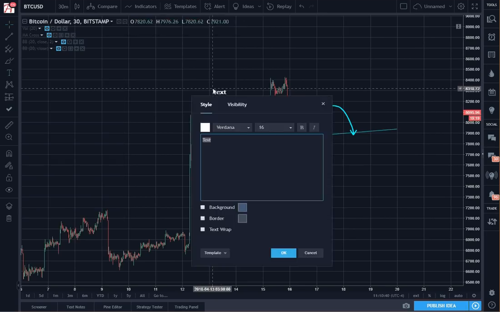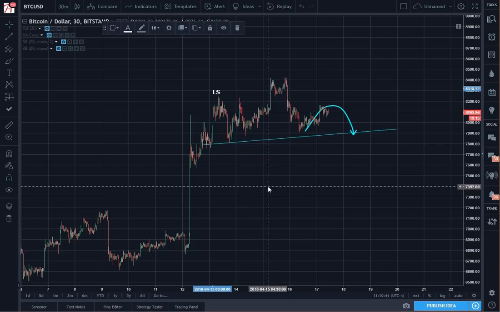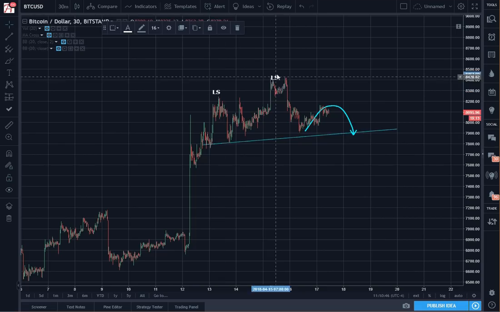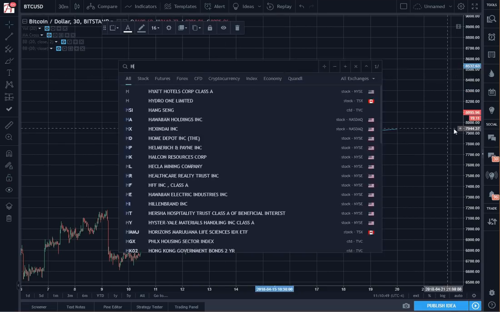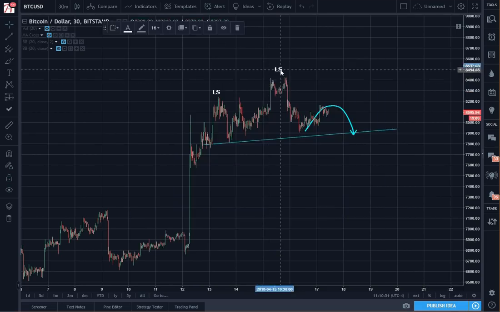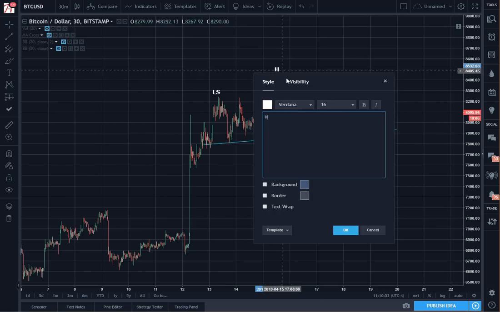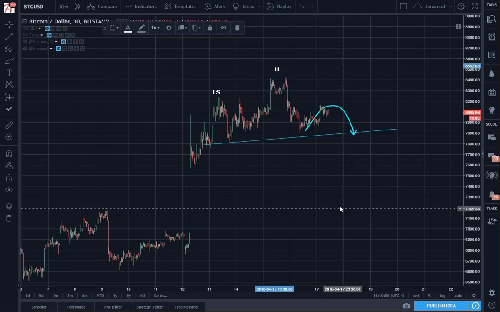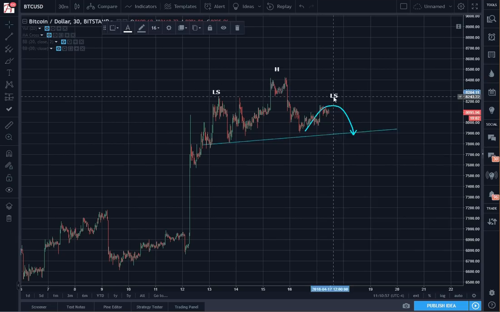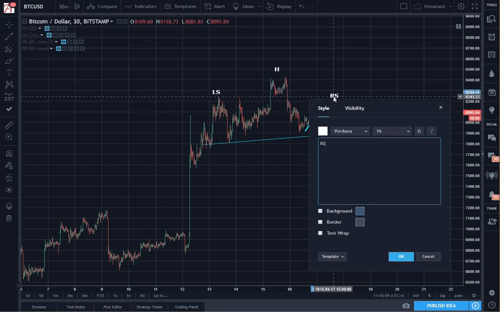So, this would be the left shoulder. This could be the head. And the right shoulder.